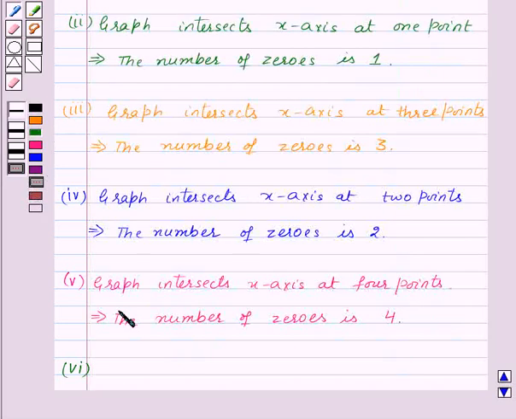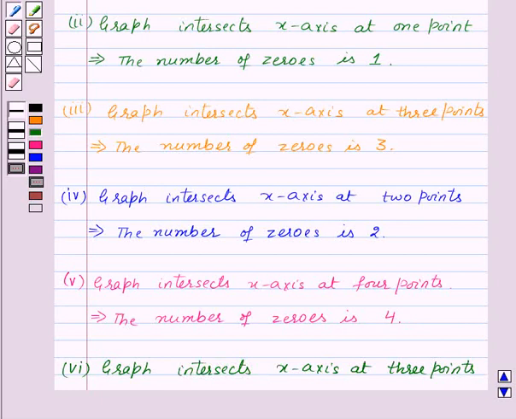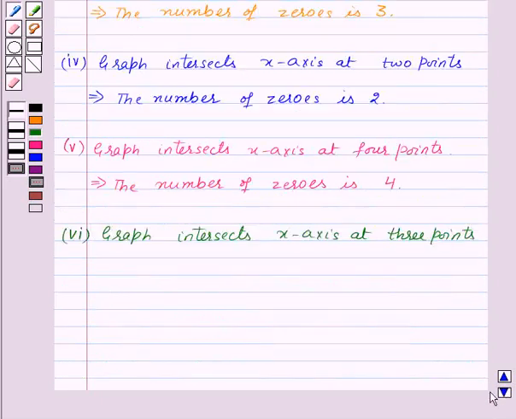So that means graph intersects x-axis at 3 points, this implies the number of zeros is 3.